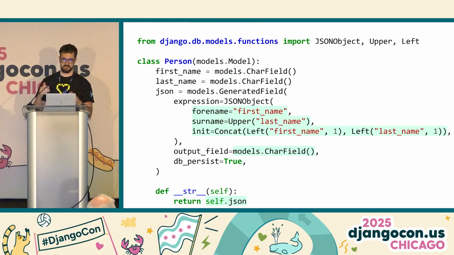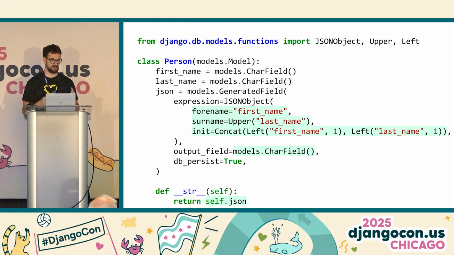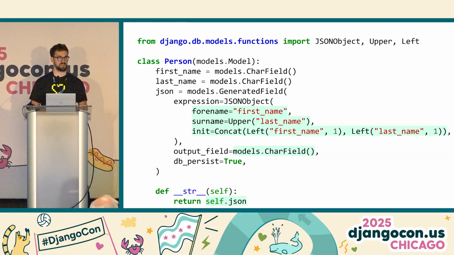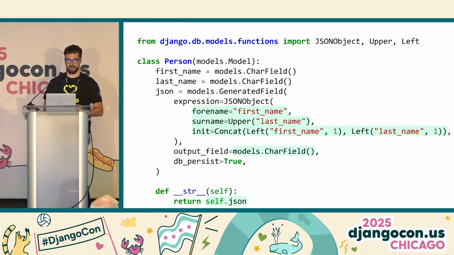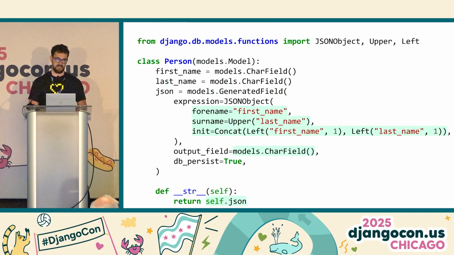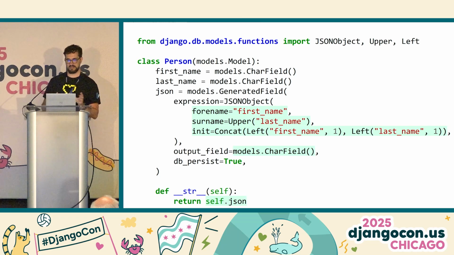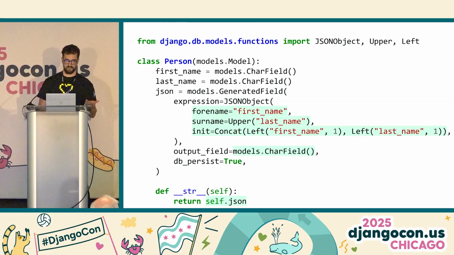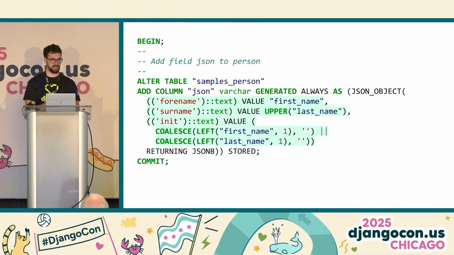But we can also do more complex things, concatenating together text fields. For example, we can generate a JSON object directly. In this case, we are using the JSON object function, and we can apply some transformation to our fields, concatenating the initial of the first name and last name, and then we can represent the JSON we created.